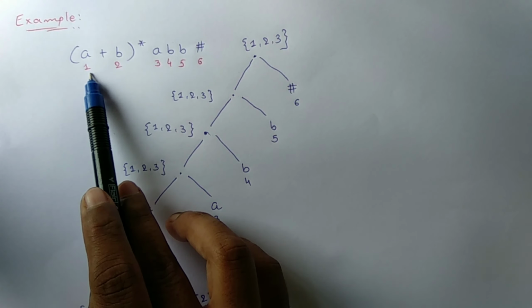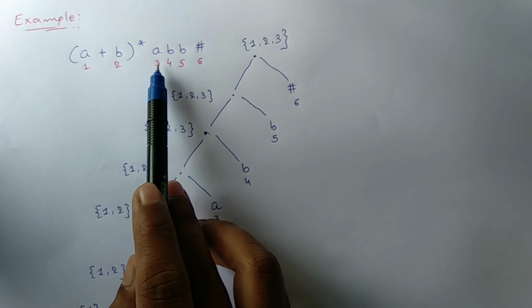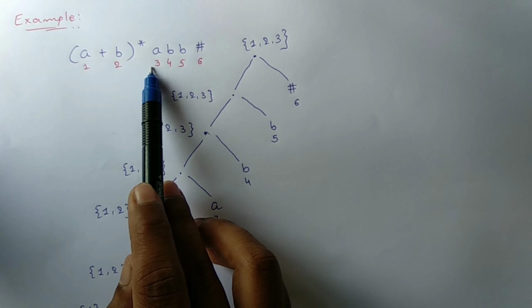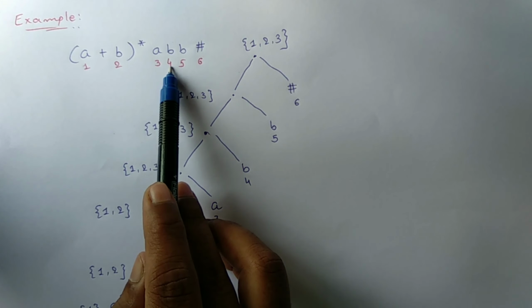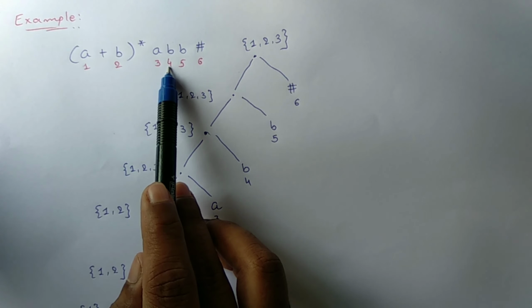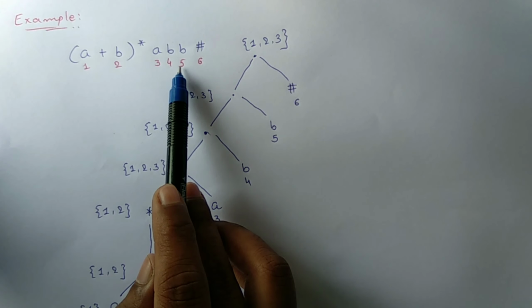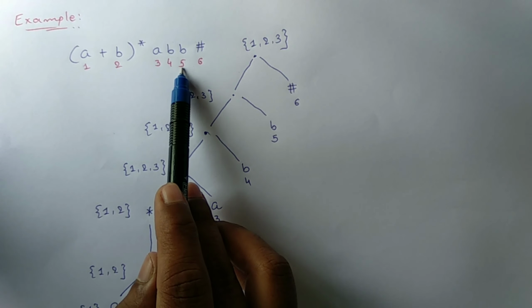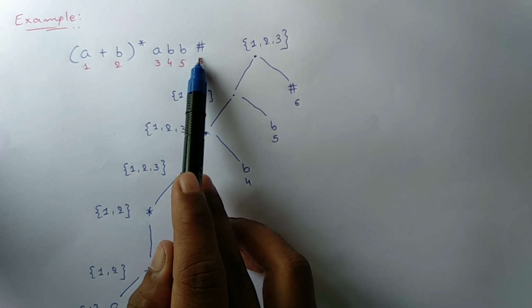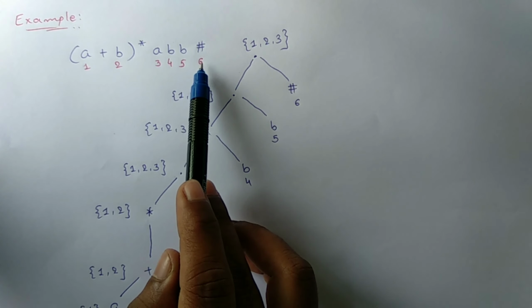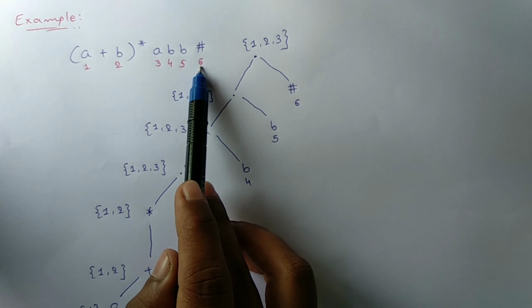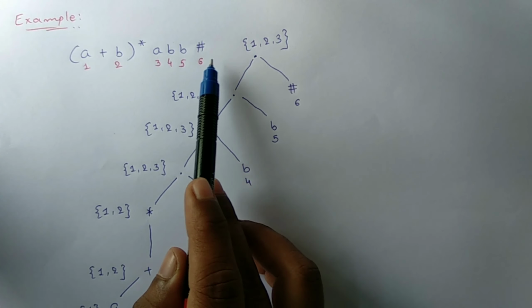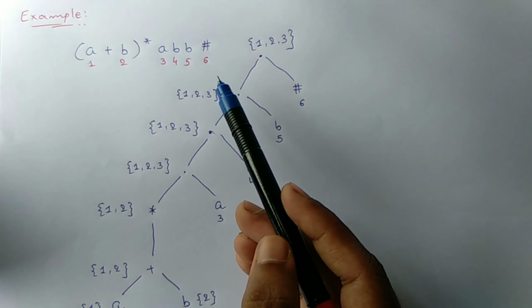So follow position of 2 will be 1 2 3. Follow position of 3, 3 will be followed by 4. Follow position of 4 will be 5. 5 will be followed by 6.